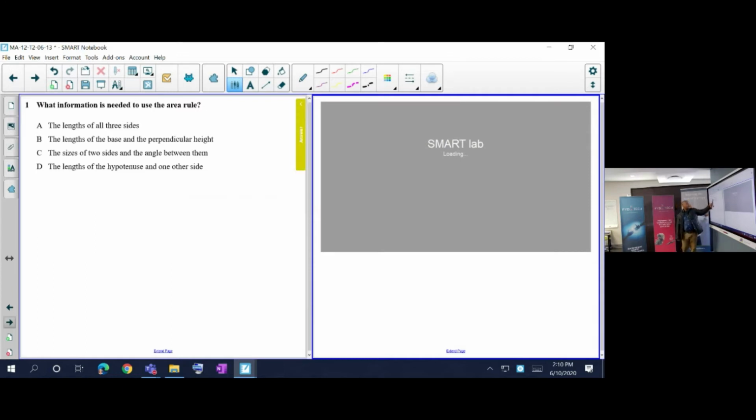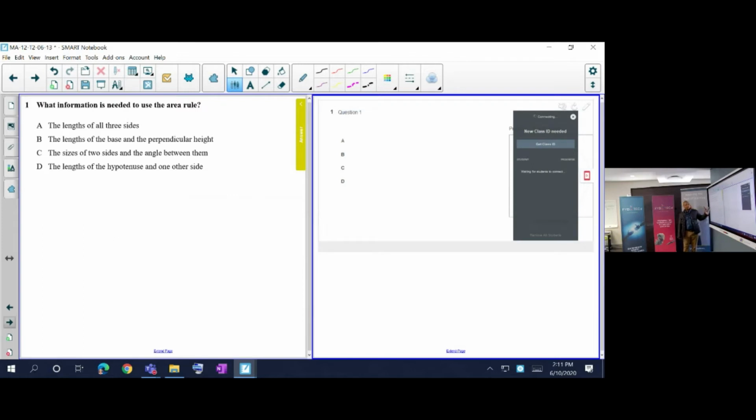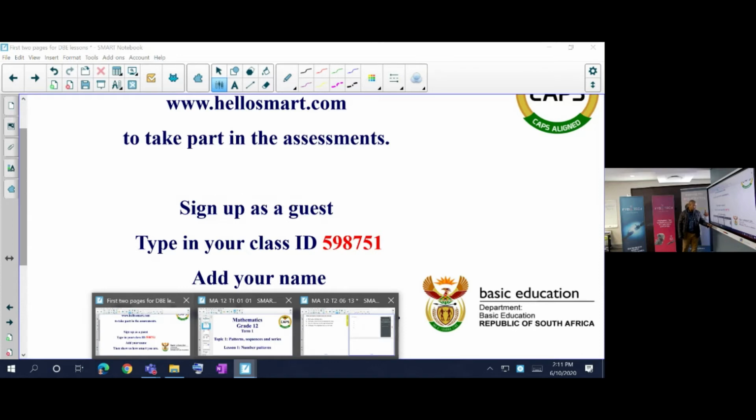Those who are not using gadgets, you can clearly read the question here, and you can use a paper or your book to work it out. But those who are using gadgets, you need to connect to the class, which we mentioned earlier on. You need your ID. You remember that you go to Hello Smart, and then the ID number that you join the class with is 598751. Okay, so let's proceed.